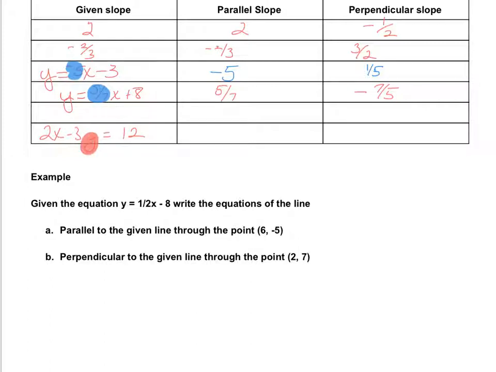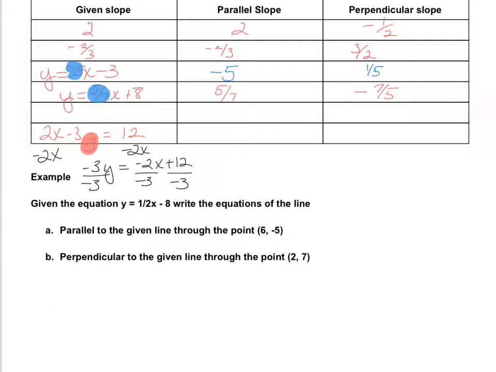I'm going to subtract 2x from both sides. So I've got negative 3y equals, I'm going to put this negative 2x first because I want it to look like slope-intercept. Then I'm going to divide everything by negative 3.